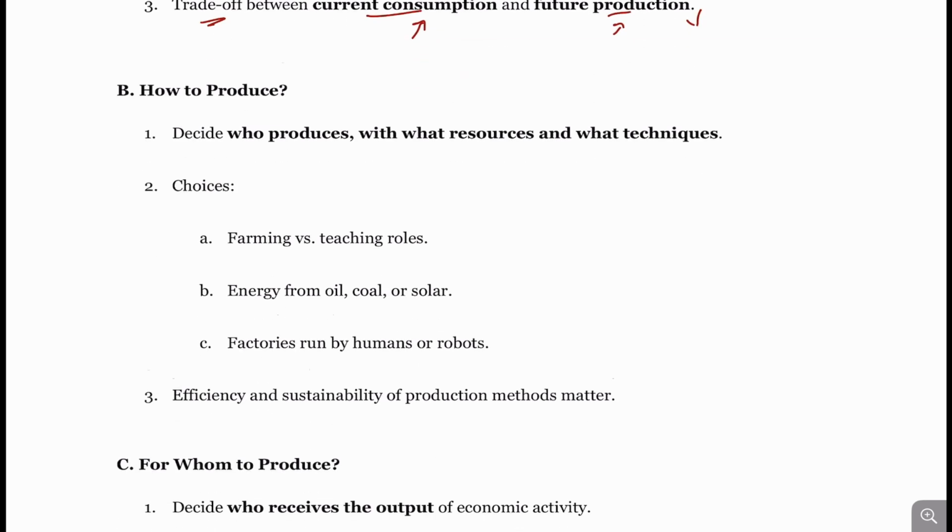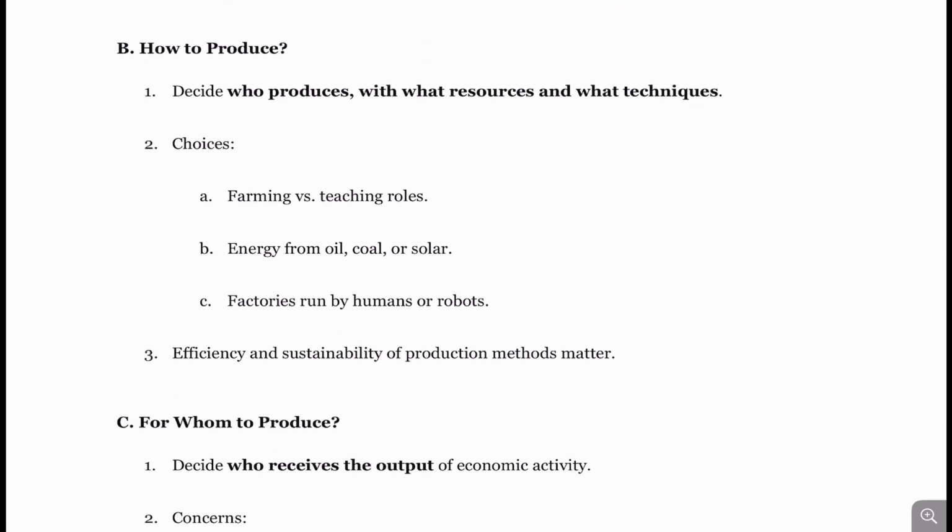Okay, the next question that every nation or society asks itself is how to produce. What are the different techniques that need to be used in order to produce goods? Who produces, with what resources, and with what techniques should it be produced?